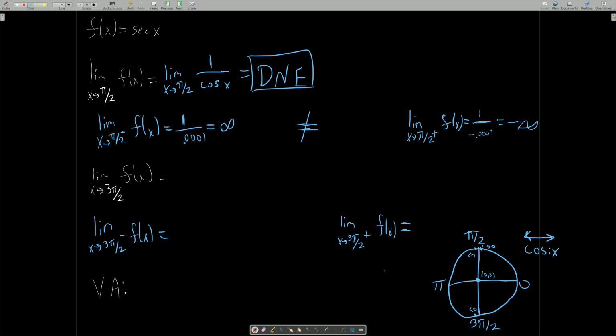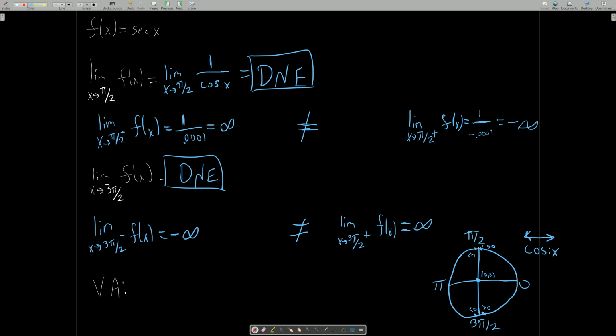Since this value is negative, that means you'll get negative infinity as you're approaching from the left. From the right, you'll get a value that's slightly greater than 0, so you'd get positive infinity. Still, these aren't equal, so that means this limit also does not exist.